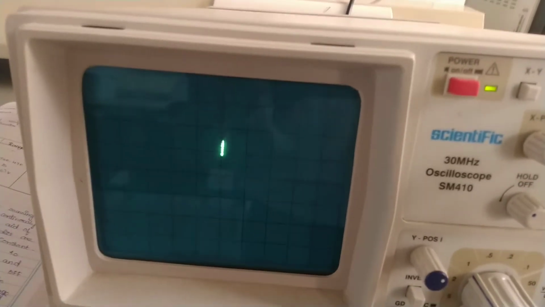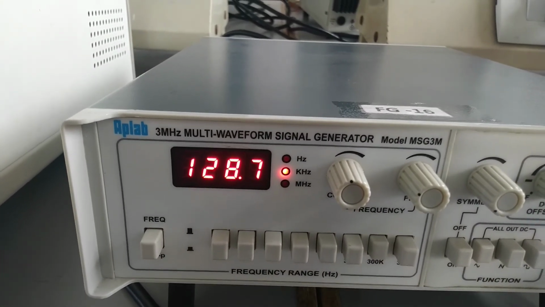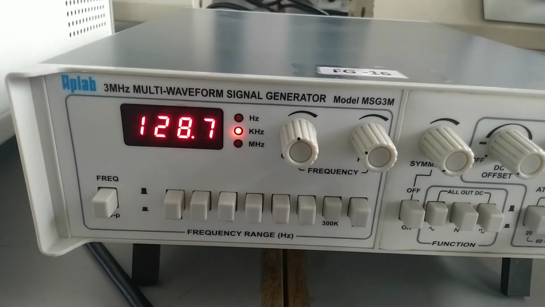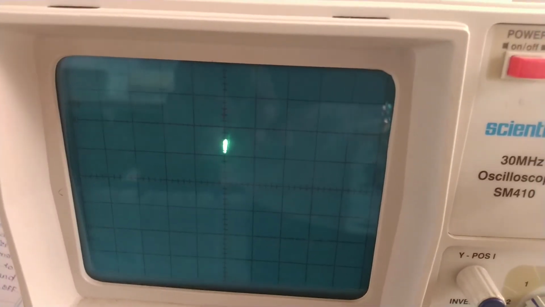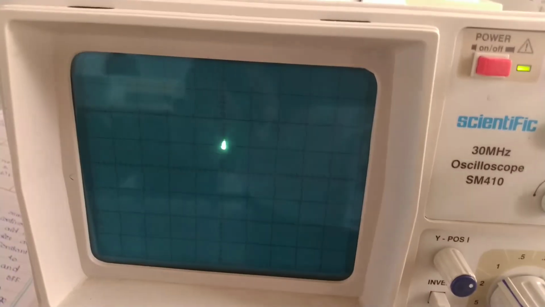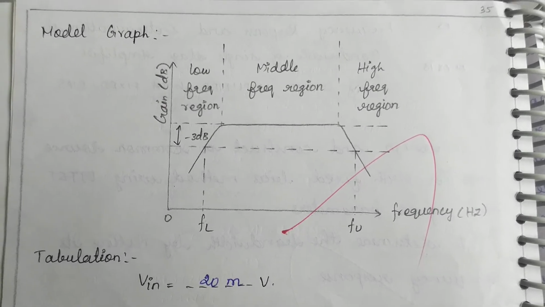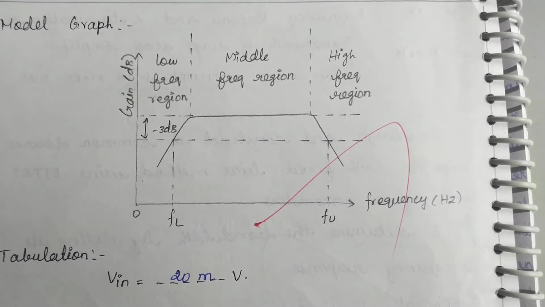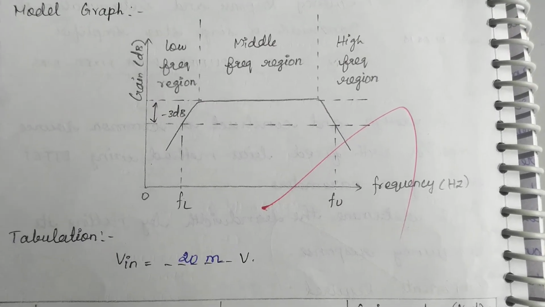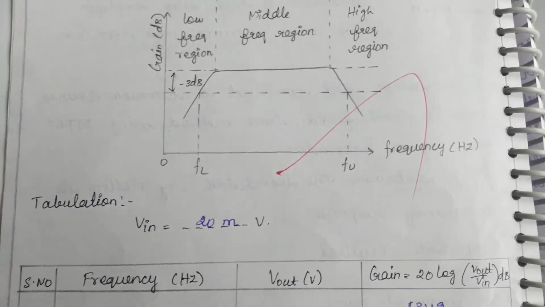For 128 kilohertz, the output voltage is very minimum for the experiment. We can easily plot the graph for the common source amplifier, junction field effect transistor, from the experiment. Thank you.